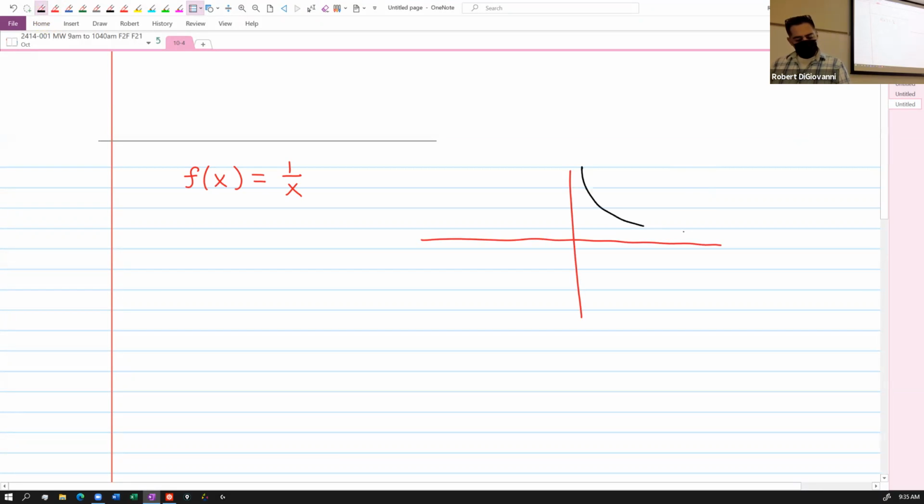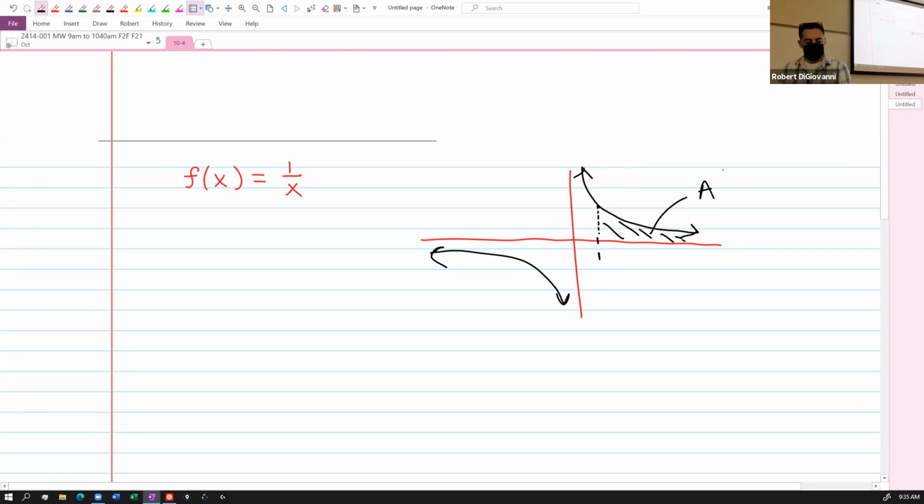We should all know it does something like this. That's a very rough sketch of what it does. And here's what I'm interested in. If we start, let's say, at 1, and we go out to the right forever, I'd like to know what that area is.